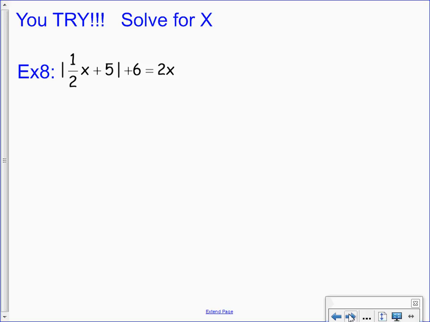Think about it. There's an extra variable on the side. All right, here we go. Let's see what you got. I'm gonna freeze that real quick.